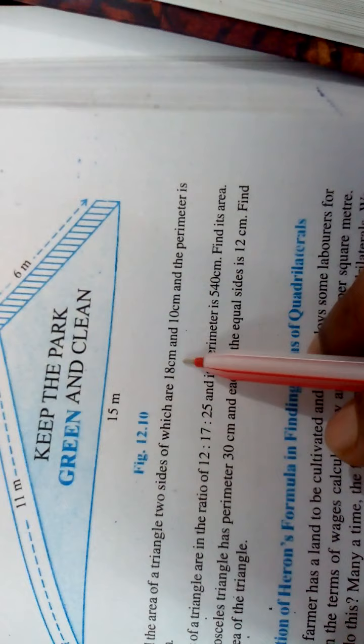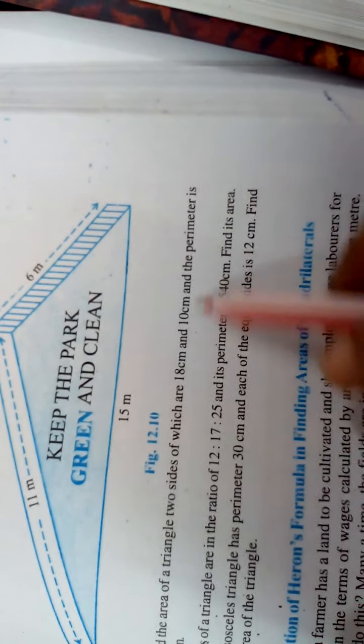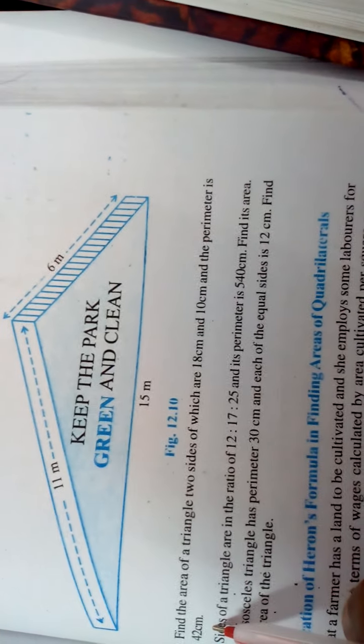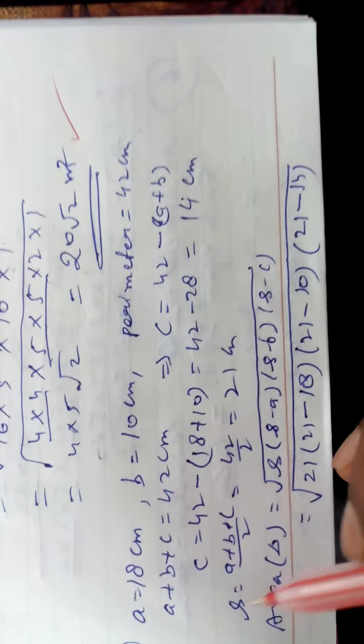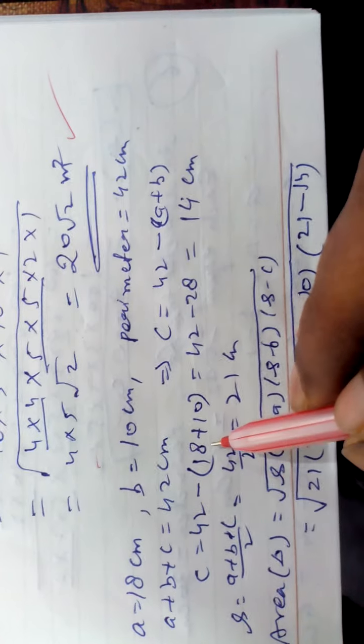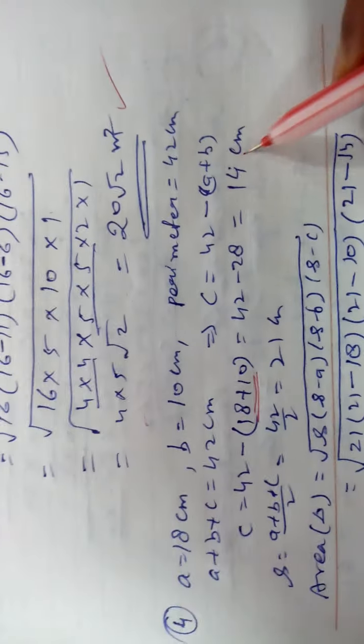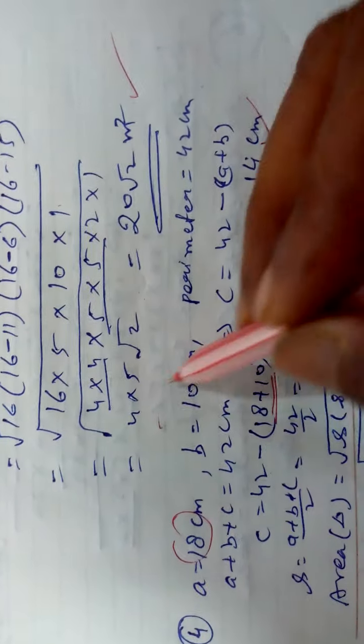Question number 4. It is given the areas of a triangle whose two sides are this and the perimeter is this. For example, the perimeter and two sides are given, find the third side. C is equal to perimeter minus A plus B. You are getting 14. So A is 18, B is 10, C is 14.